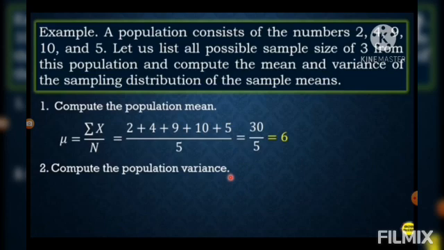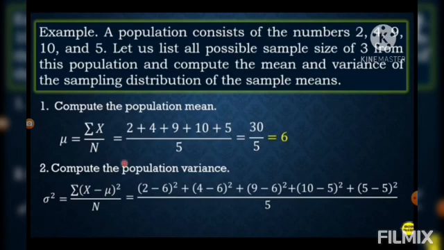Then number 2, compute the population variance. σ² equals the sum of (x minus μ)² over N. So (2 minus 6)² plus (4 minus 6)² plus (9 minus 6)² plus (10 minus 6)² plus (5 minus 6)² over 5.